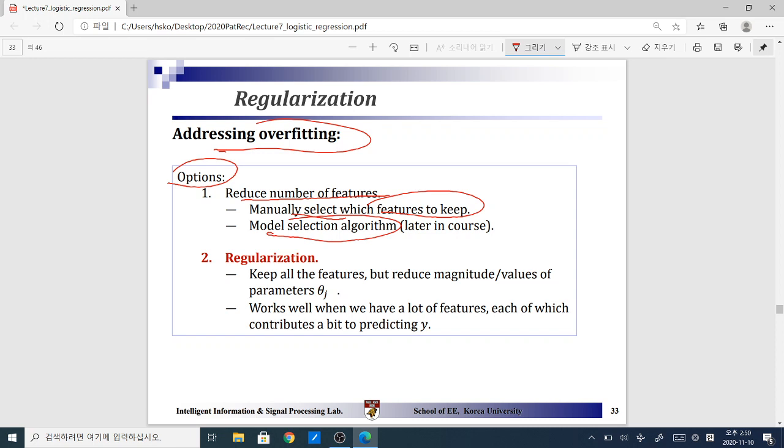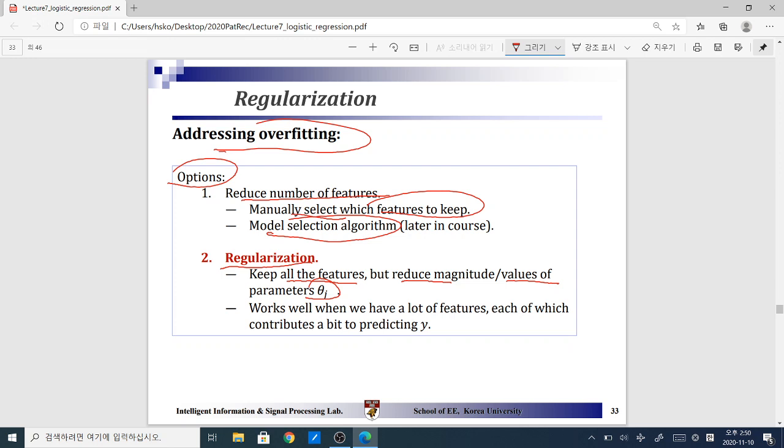But the other very useful way to resolve this problem is regularization. That is, we keep the features but reduce the magnitude, or the values, of the parameters.